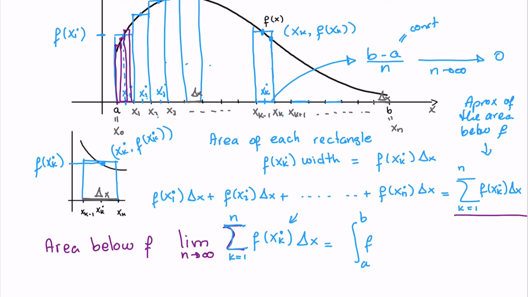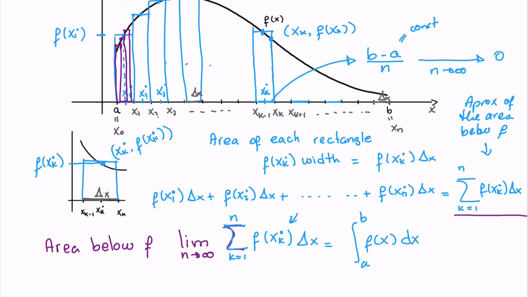Well, that's just a function. The width of these little intervals is becoming nothing, so we can consider xk like it was any x. And then Δx is the differential, the variable with respect to which we're working.